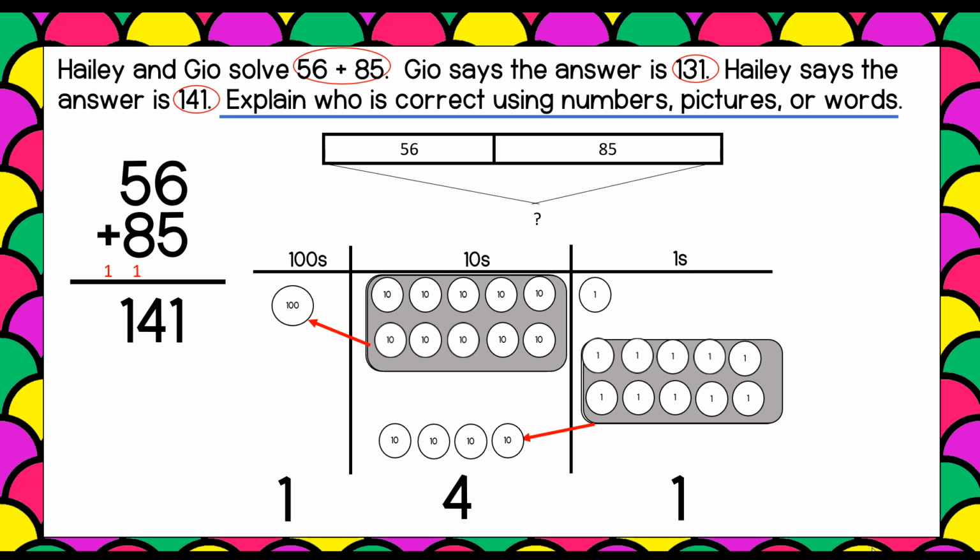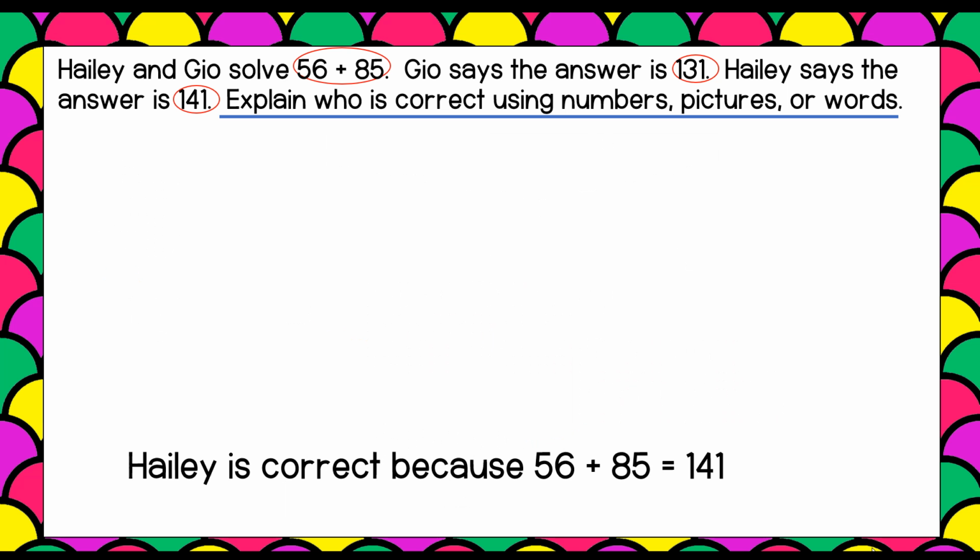So that is 141. Did you get all that? Okay. We used pictures to explain because we drew the place value chart. Haley is correct because 56 plus 85 is 141.